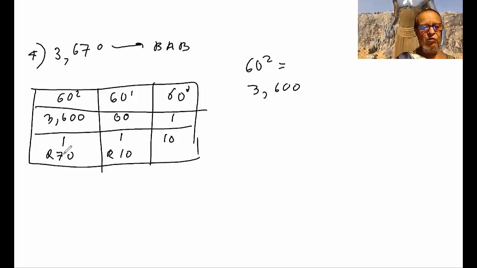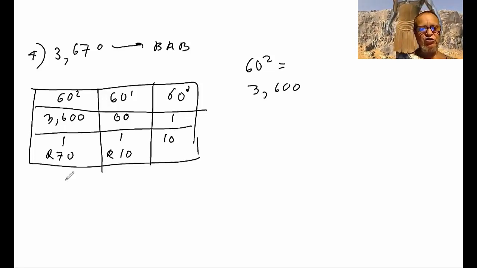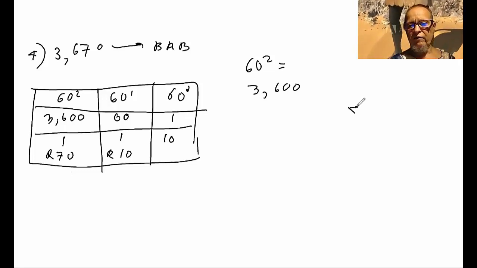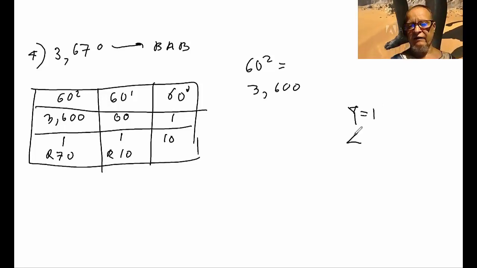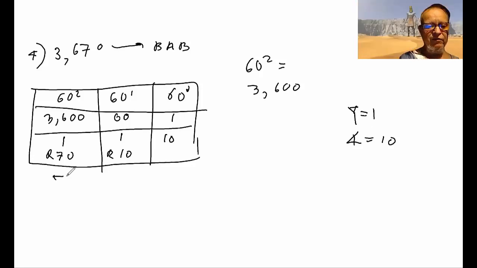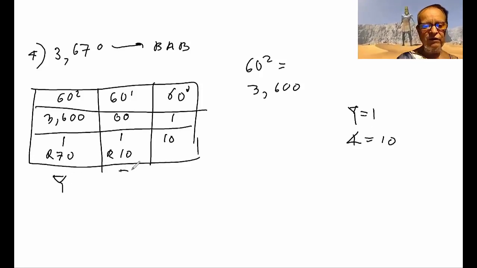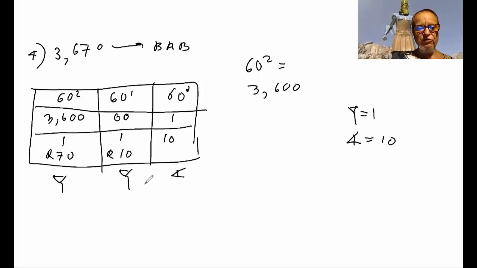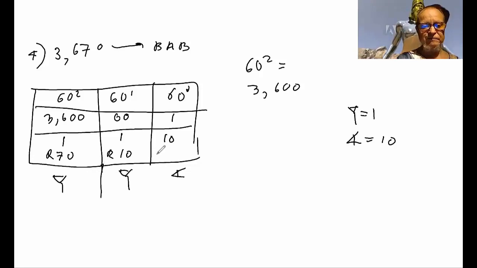So we'll write the Babylonian under each column, very carefully. Well, remember, 1 is equal to that, and 10 is equal to that. So I have a 1 here, I have a 1 here, and then I have a 10. Making sure that I leave a space between each of these because they represent different place values.